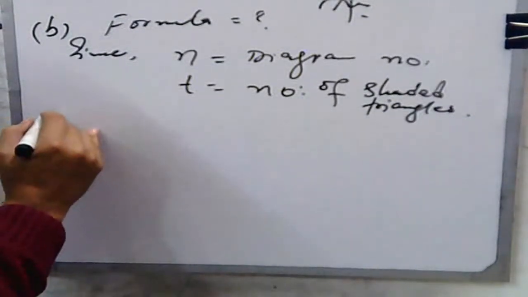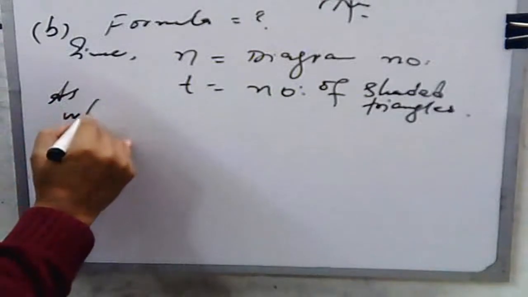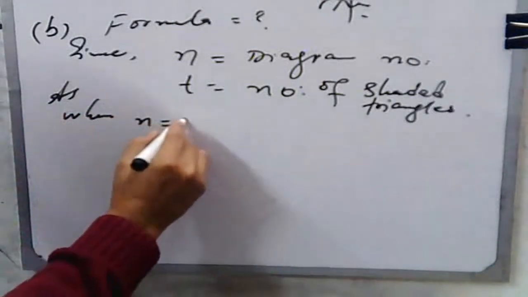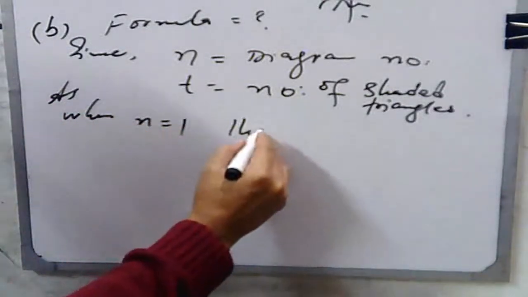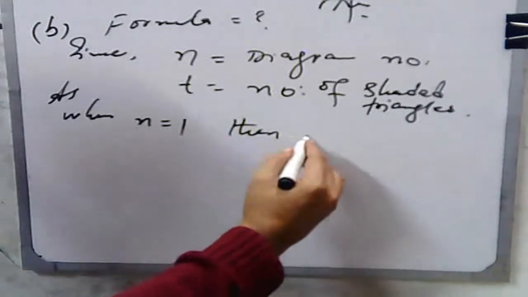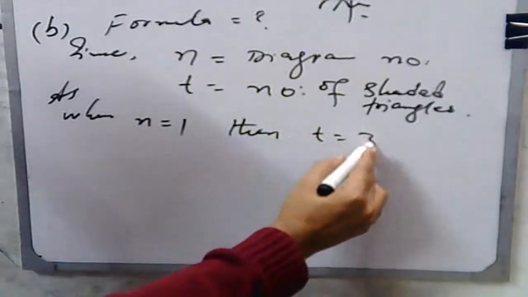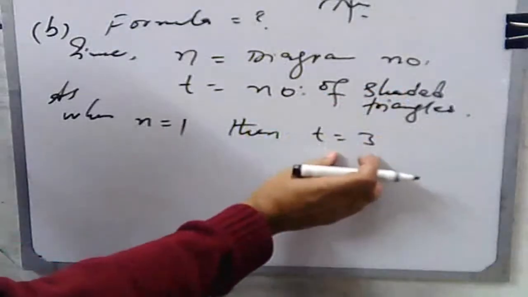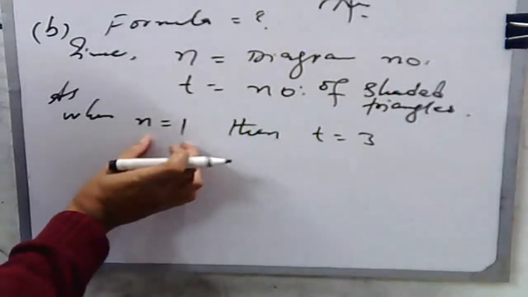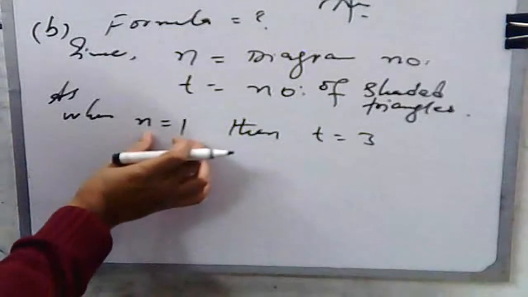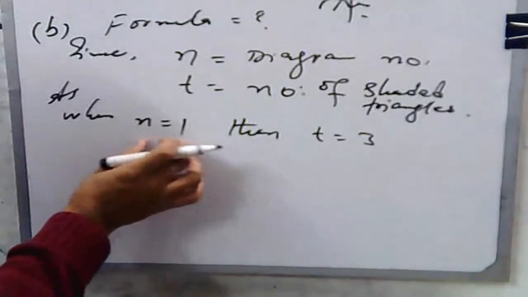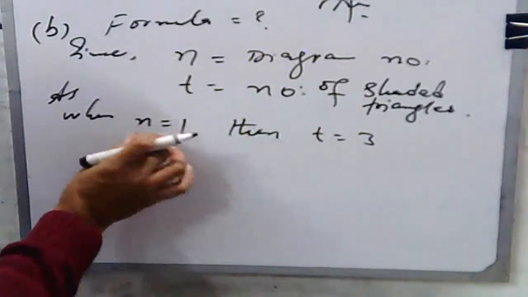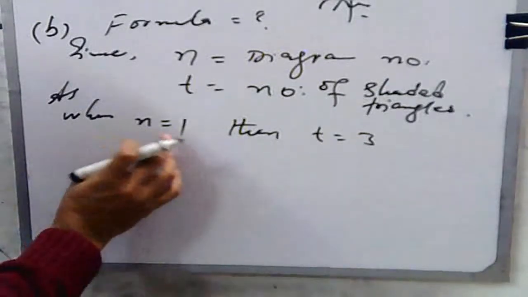It is clear from the figure that when n is equal to 1, then t is equal to 3, that is, the number of shaded triangles is 3. If I see the first figure, when n is equal to 1, you will get 3 shaded triangles.